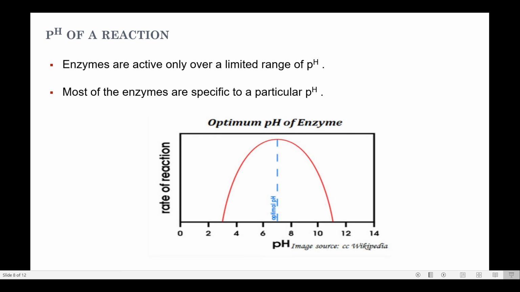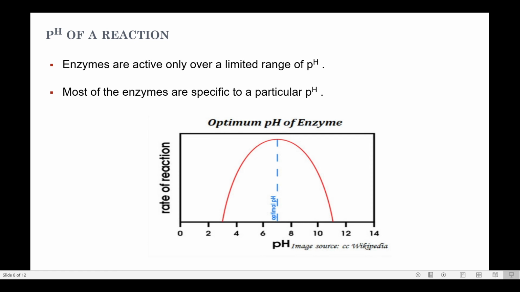At this pH, the catalytic groups in the active sites are in the catalytically most effective state of ionization. Above or below this pH, there is a change from the required state of ionization, and thus the rate is reduced. At extreme pH values, the enzyme is inactivated due to denaturation.